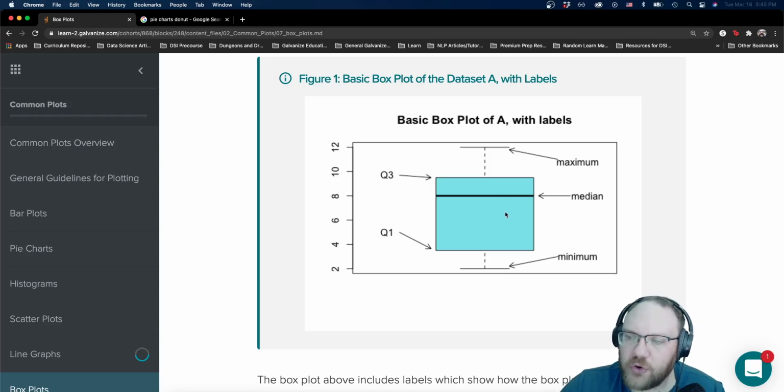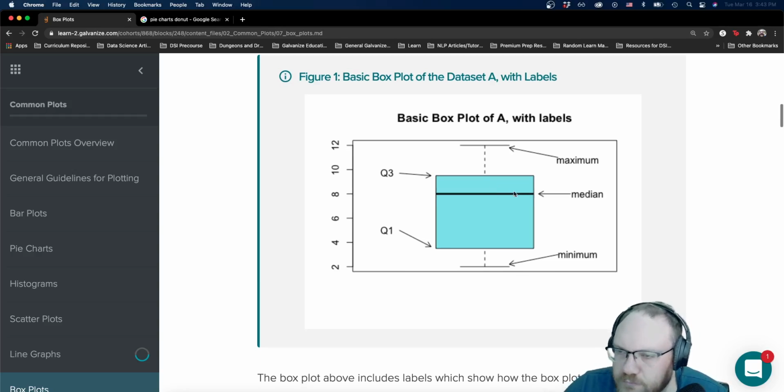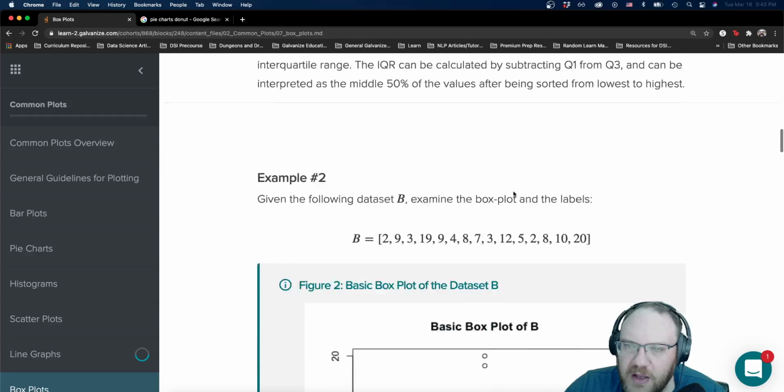So this lower half, really this second quartile, is much more spread out than this third quartile, this upper half quartile. So that's the basics of a box plot.